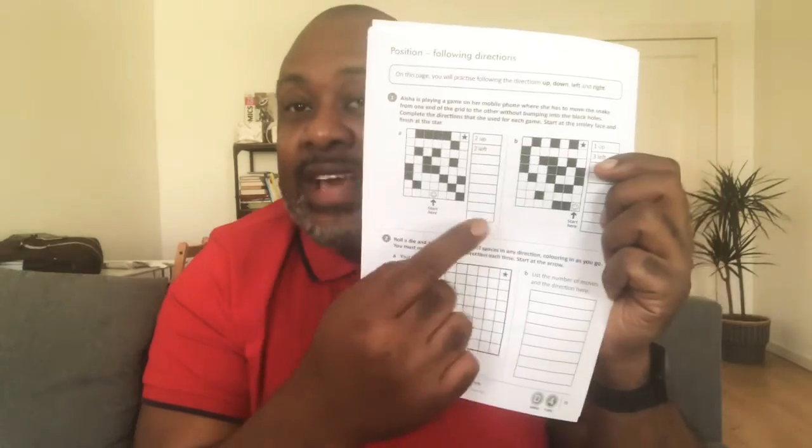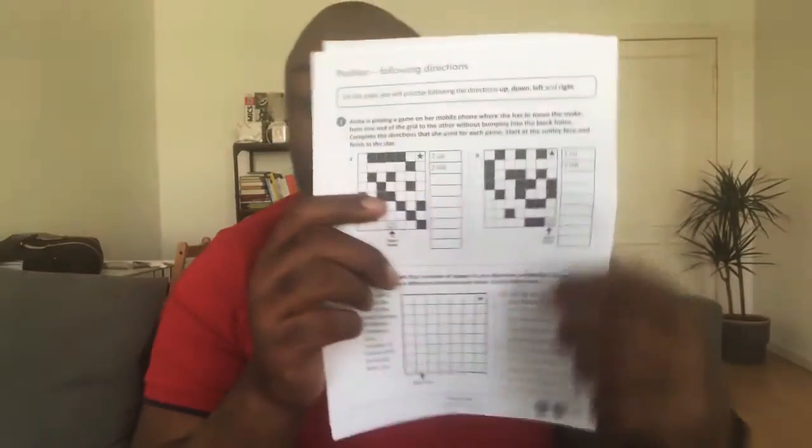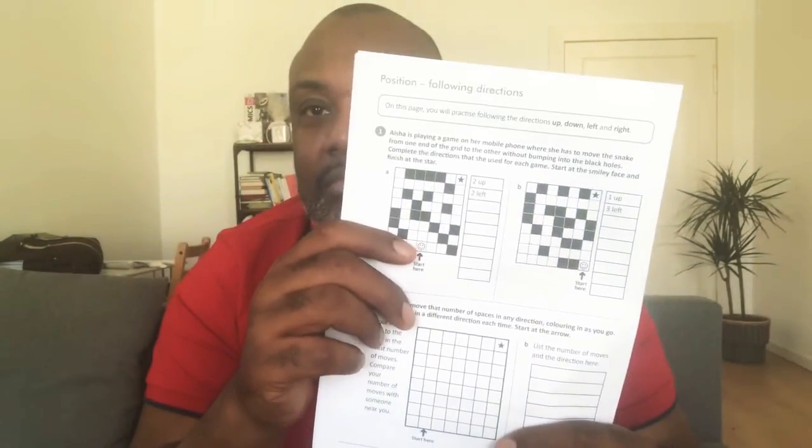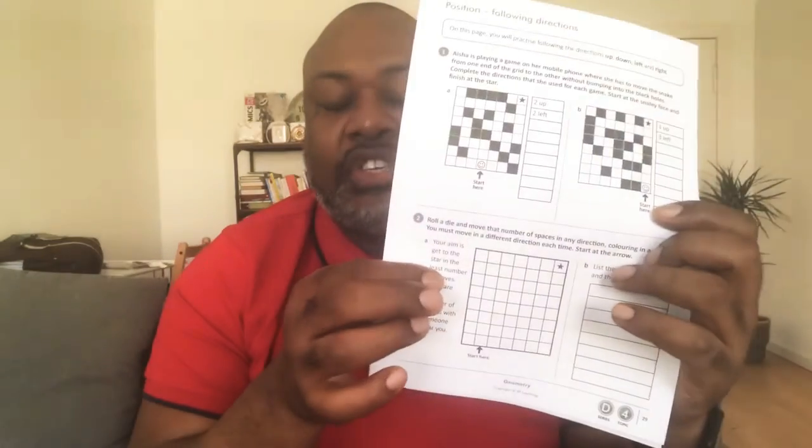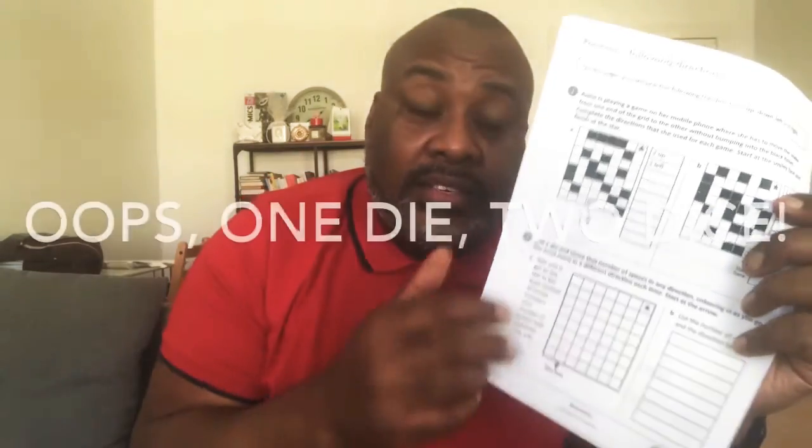So you have to write down the easiest way and the quickest way to get to the star. And you have 1, 2, 3, 4, 5, 6, 7, 8, 9 boxes to fill in. And question 2 at the bottom here, you don't have to do unless you have a dice. So I'm going to leave that with you.